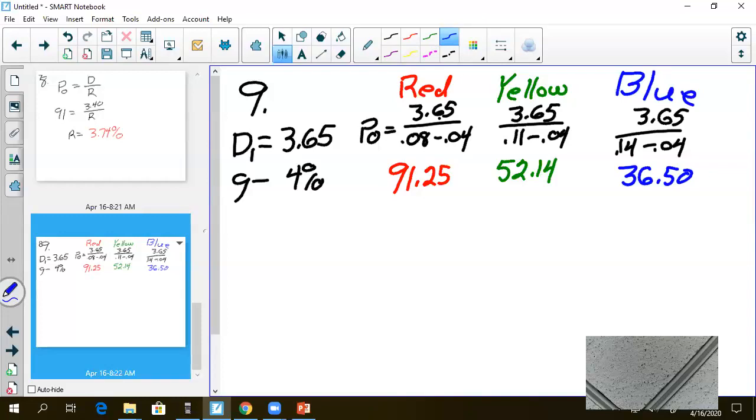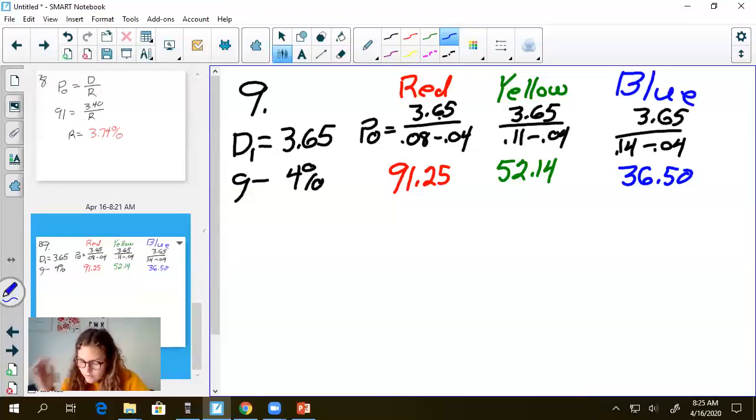Everybody good? Okay. Now then, it asks, what do you conclude about the relationship between required return and the price of the stock? As rate of return increases, stock prices decrease. And what causes that, Madison?